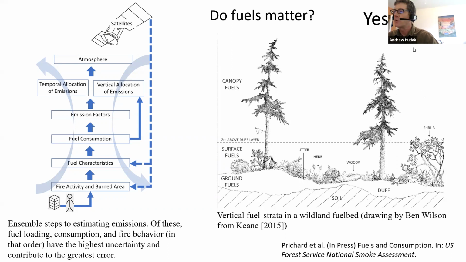There are canopy fuels, there are understory fuels. And so it's a complex series of materials that have very different burning properties, very different fuel moisture dynamics and such. So all of those variables greatly influence how much of the fuel bed burns in consumption.